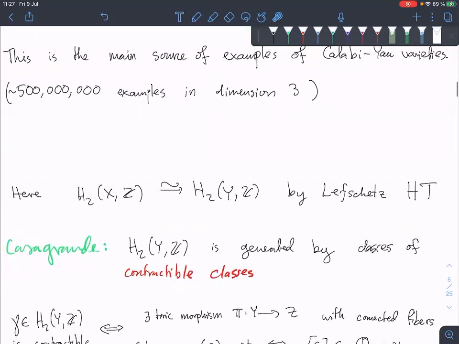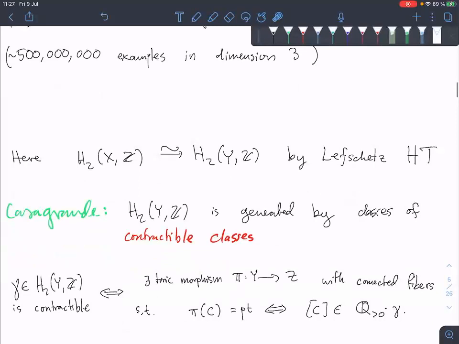The first thing is that we know the H2 of X, and by the Lefschetz hyperplane theorem, it's isomorphic to the H2 of the toric variety Y. And we know that all the cohomology groups here are generated by classes of torus invariant subvarieties.